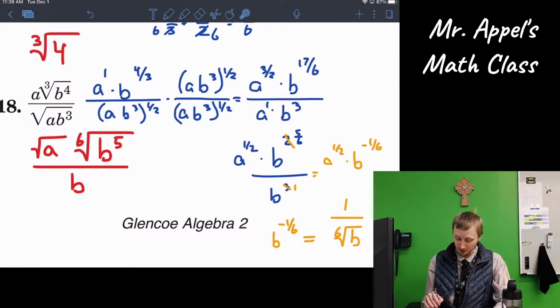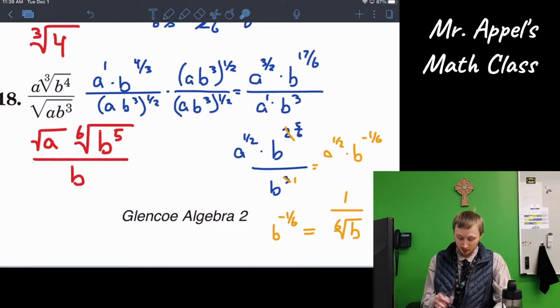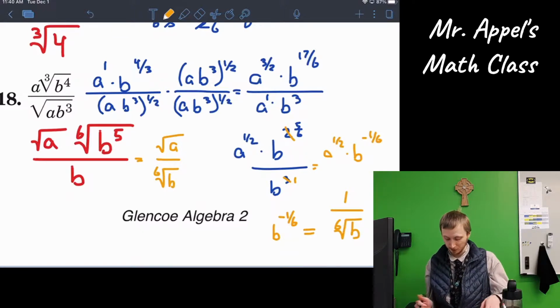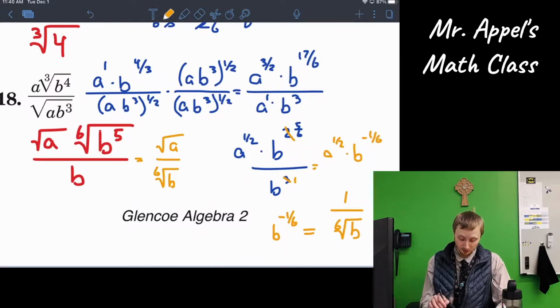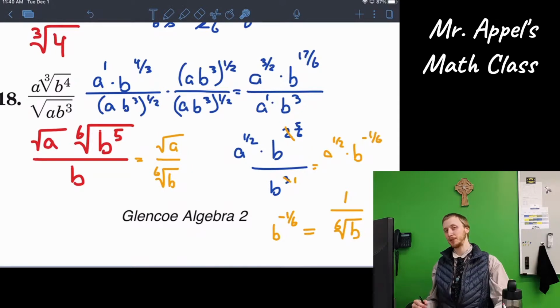So if you have anything along here, right, you could have square root of a divided by 6th root of b. That would at least be simpler than what we started with. So I'd take that. That looks pretty good to me.